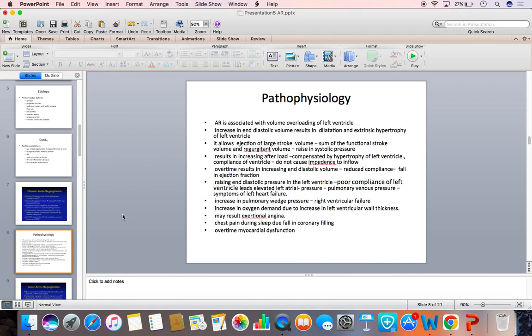So rising end diastolic pressure in the left ventricle is secondary to the poor compliance of the left ventricle, which leads to elevated left atrial pressure, pulmonary venous pressure, and symptoms of left heart failure.